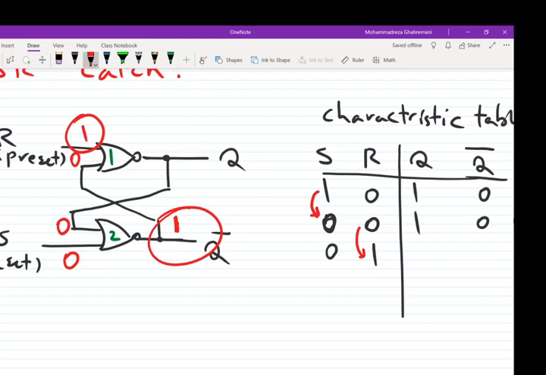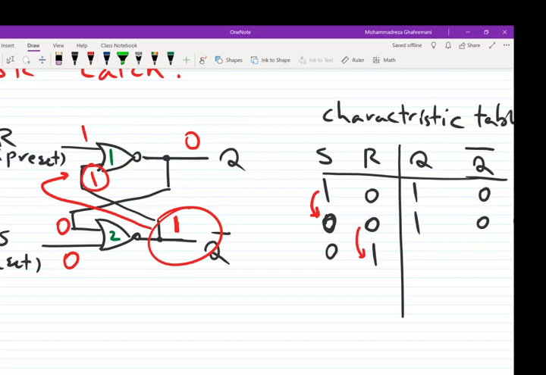This 1 moves to the second input of gate number 1, and the output of gate number 1 will be 0. So this is the state of the circuit. So if we set R to 1 and S to 0, the output will be 0, 1.